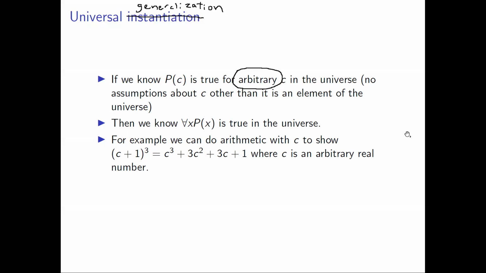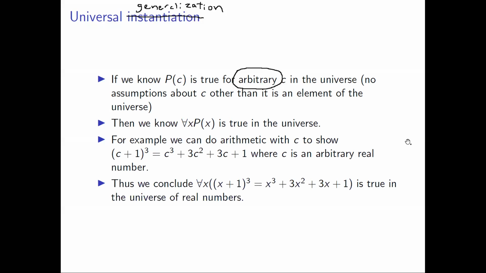And based on the arithmetic we did to multiply that out and conclude that equation, just using that single c, we can conclude with the universal quantifier that for all x, x plus 1 cubed equals x cubed plus 3x squared plus 3x plus 1. That proposition is true in the universe of the real numbers.